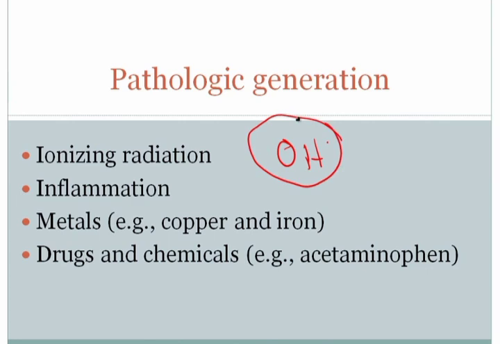And we should bear in mind that among all of the free radicals, the hydroxyl free radical is sort of the most damaging, and that's something that examiners like you to know. So again, I'll repeat it. Of all of the free radicals, the hydroxyl free radical is the most damaging.